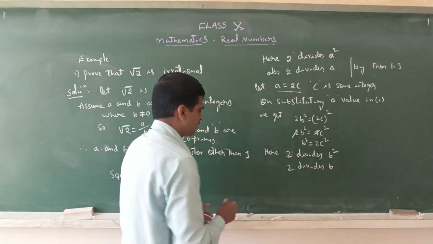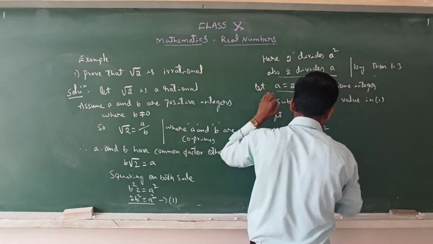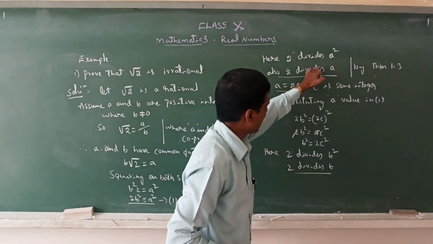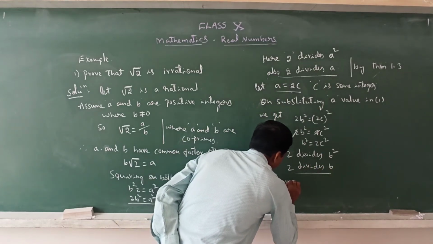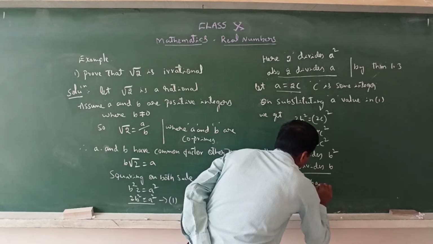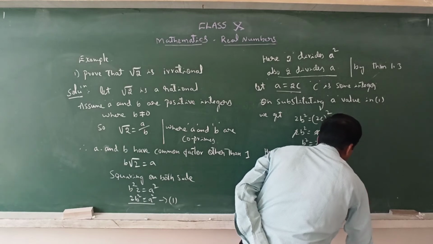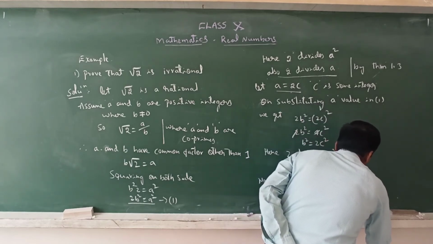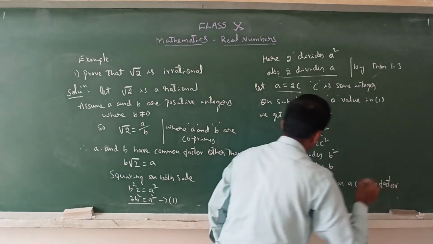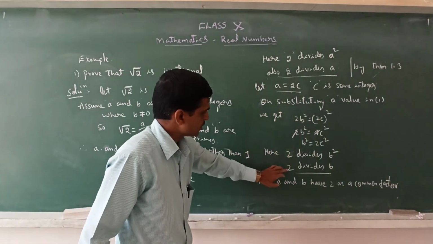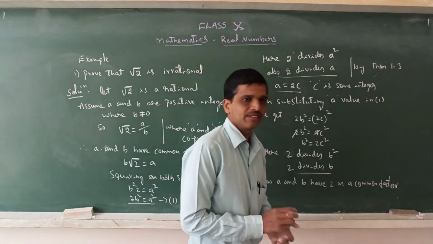Consider both statements: a and b have 2 as a common factor. Assuming these two statements, we conclude at least 2 as a common factor.